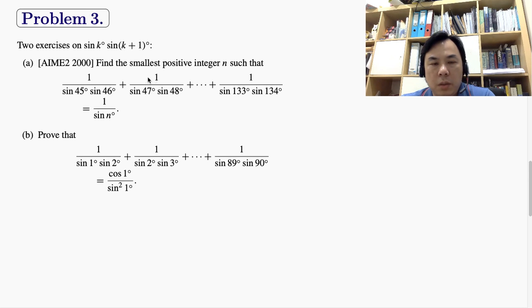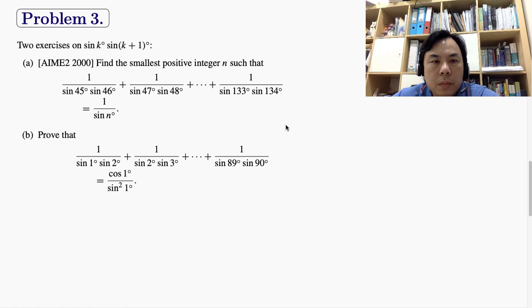It's actually a summation or series again. All right, let's take a look at the first question A here. So this is a summation of a trigonometry series, and then we're going to prove that it's 1 over sine n, where the n is measured in degrees. And then hence we're going to make use of this result to prove B here.